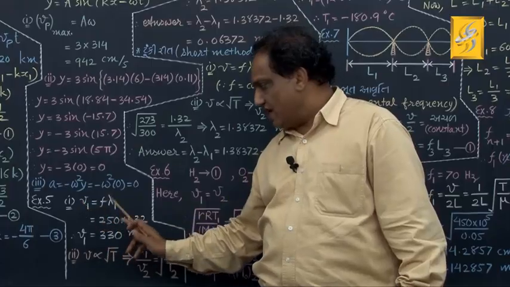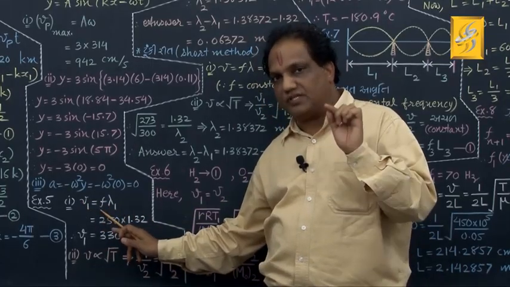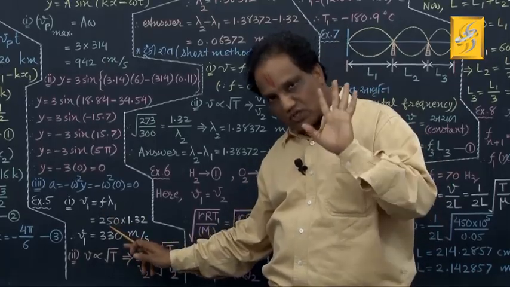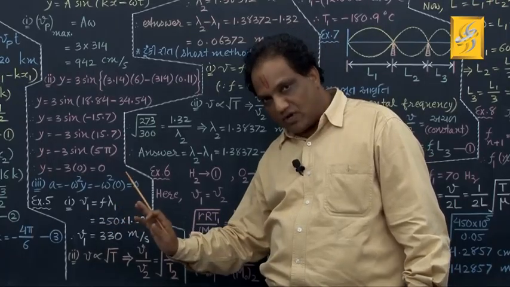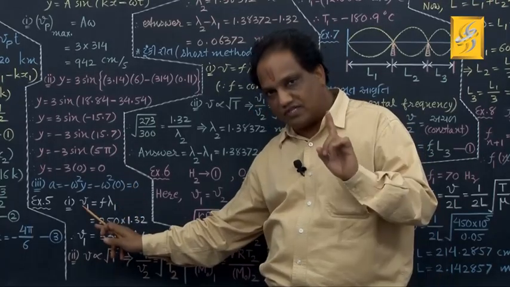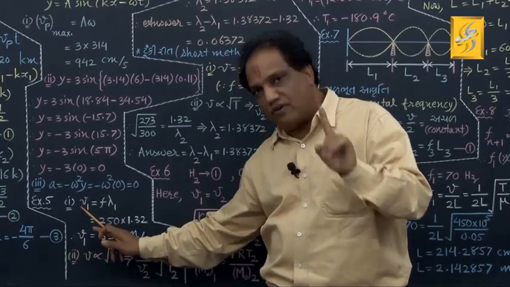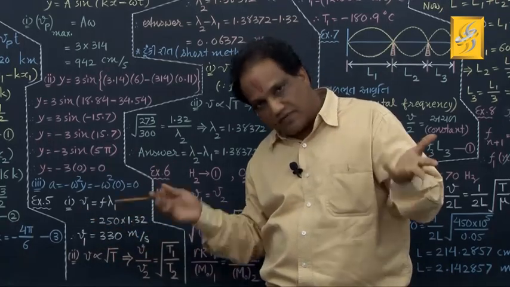You know v equals f lambda. Here frequency is constant because it is the given frequency of the tuning fork, which is 250 Hertz. The moment you write here lambda 1, you should write v1 because you are talking about the velocity of the wave in the first condition. Velocity of wave in the first condition I am taking v1, where its wavelength I am taking as lambda 1.